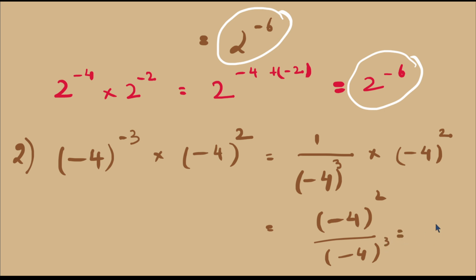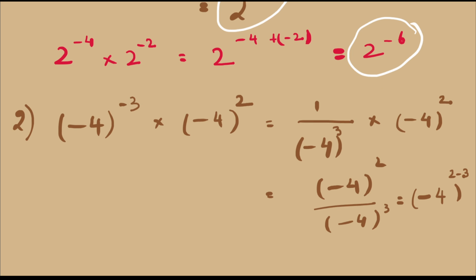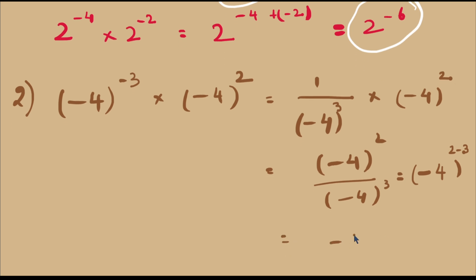So I can say this is equal to, because I have positive exponents now, isn't it? Both of them are positive exponents, and we have established the logic of division law here. So this is minus 4 raised to the power 2 minus 3. So what is 2 minus 3? It is minus 4 raised to the power minus 1.